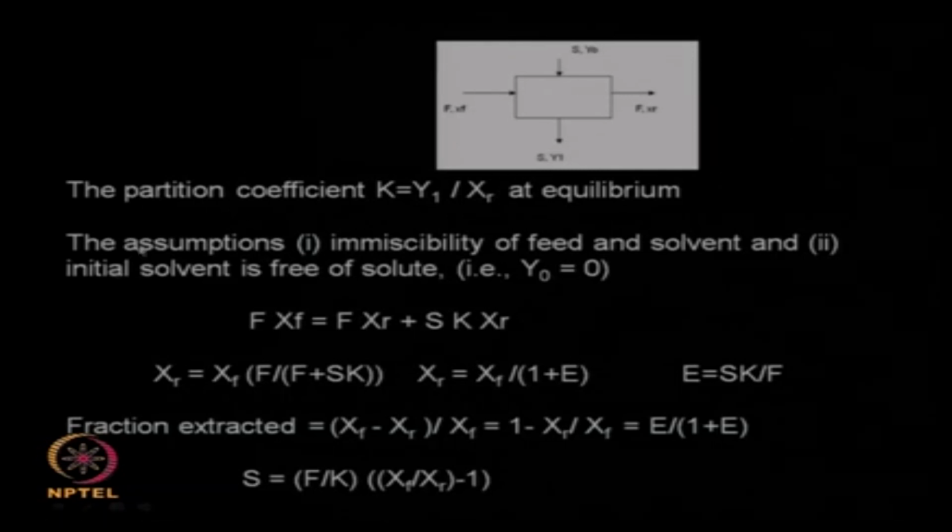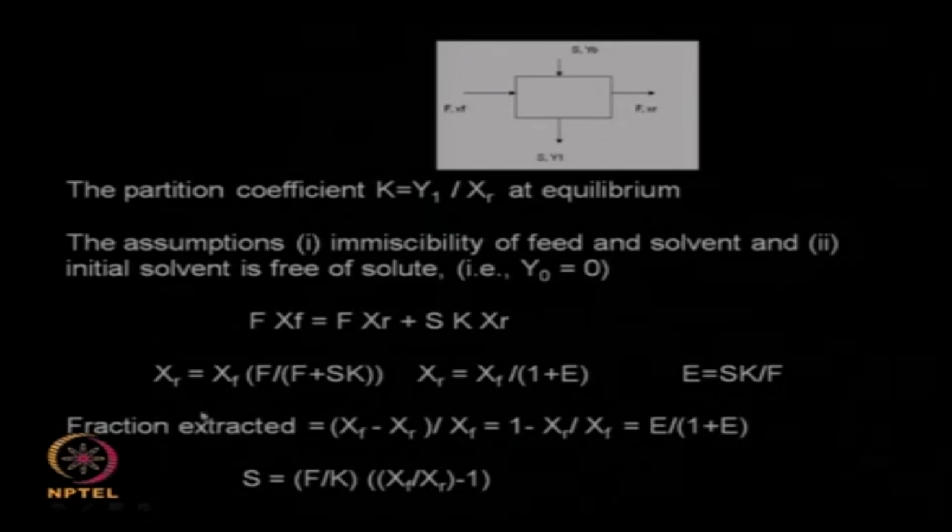Now what is the fraction extracted? Fraction extracted is given by Xf, the initial concentration, minus Xr, the concentration after extraction, divided by Xf. So Xf minus Xr by Xf. If you rearrange and substitute this, you will get fraction extracted equal to E by 1 plus E, right.